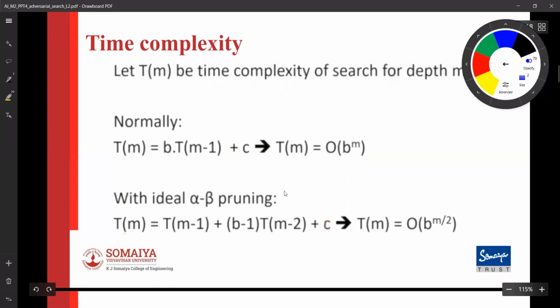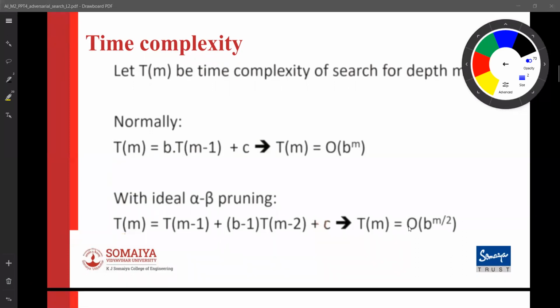If I again solve this by geometric progression, I will get T of m of the order of b raised to m by 2, which is the half of the minimax exponent. So this will give you a substantial improvement.